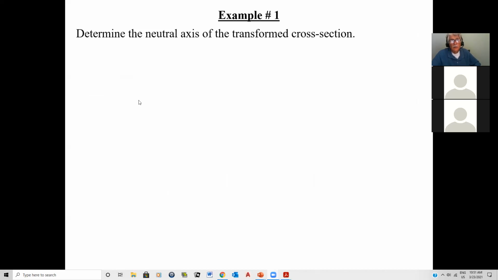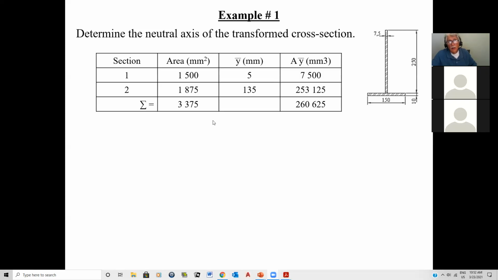So what we need to do is determine the neutral axis of the transformed section. So this, guys, should be more of a review. Now, I don't know how they showed you this in physics, but you can do two things. I like to use tables, and you can do this a number of ways.